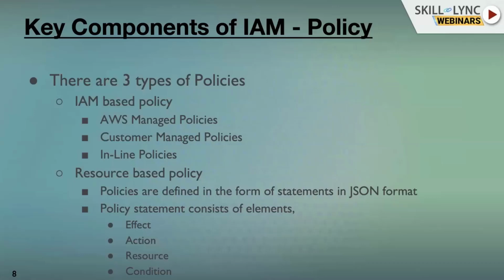Inline policies are very similar to the AWS managed as well as customer managed ones. The difference is it's a one-to-one relation. When we write an AWS or customer managed policy, we can apply it to any number of IAM entities.